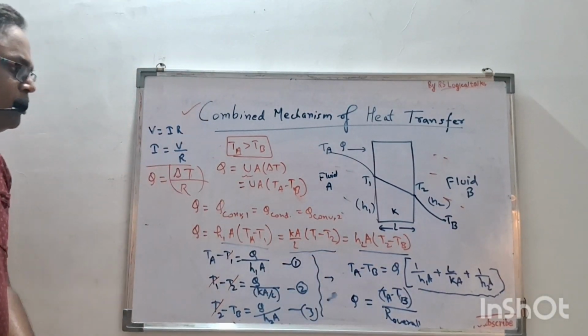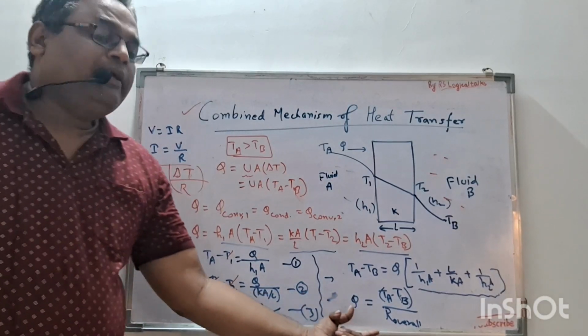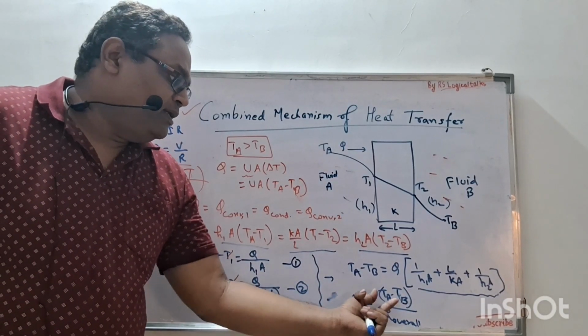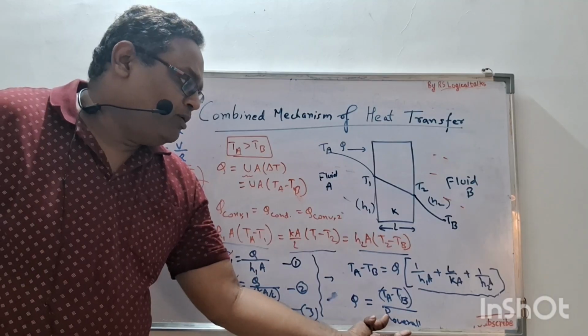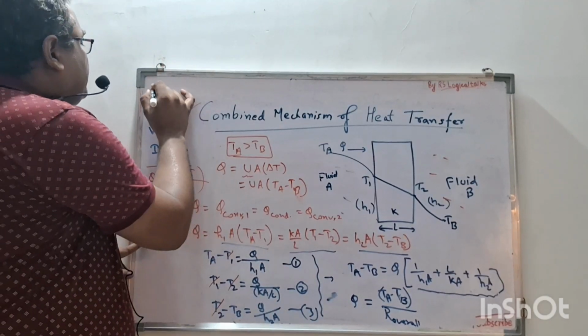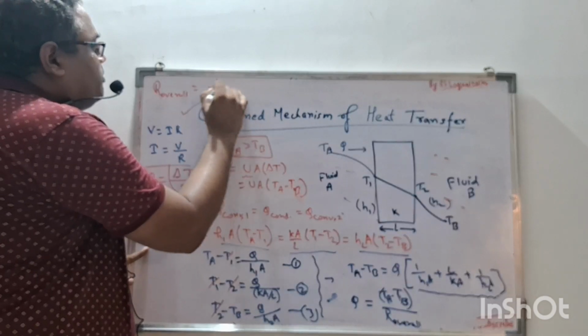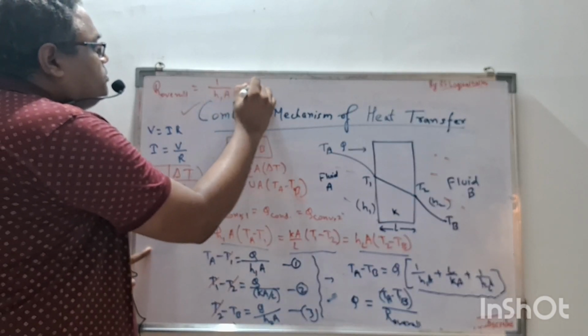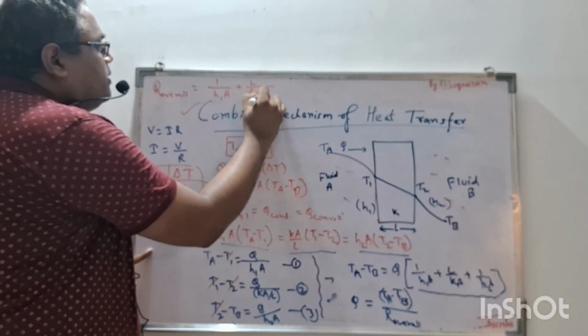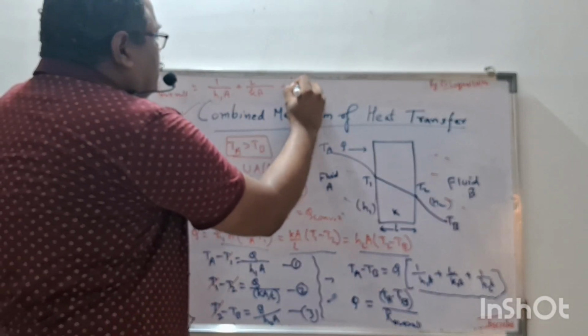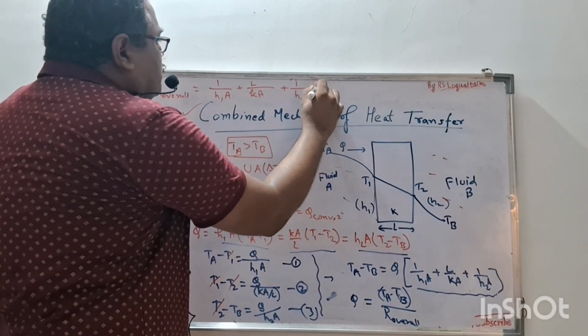So the overall heat flow can be calculated by the formula Q equals TA minus TB divided by R overall, where R overall is 1 upon H1A plus L upon KA plus 1 upon H2A.